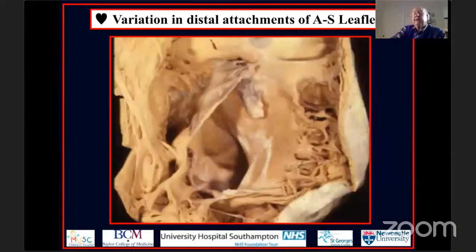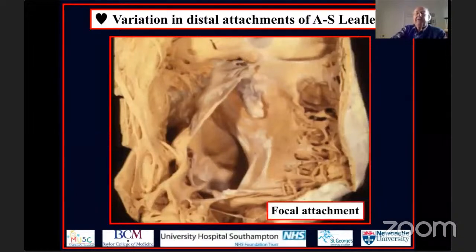But it's not always like that. So the major variation that we find in the setting of Ebstein's malformation depends, not exclusively, but for the larger part, on the attachments of the anterosuperior leaflet. So in a number of cases, you will see an arrangement like this.